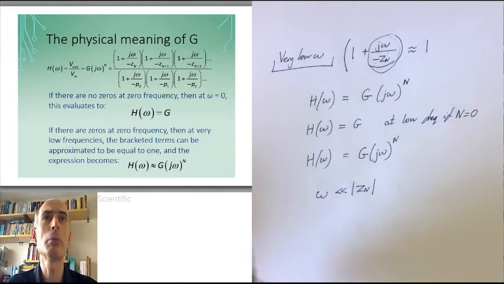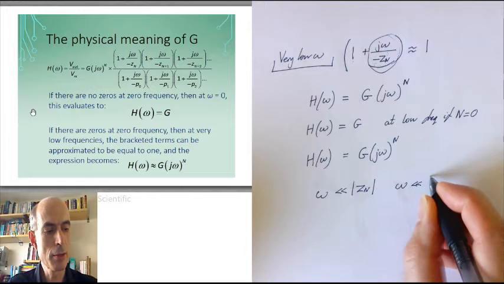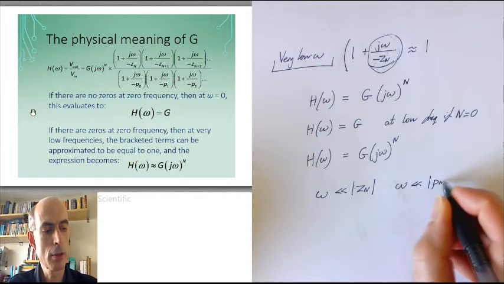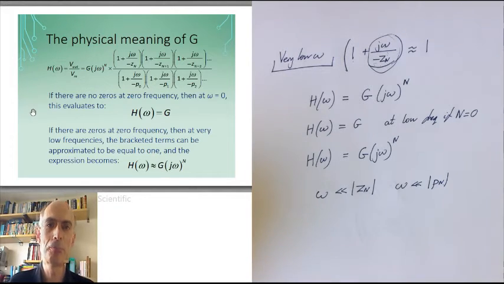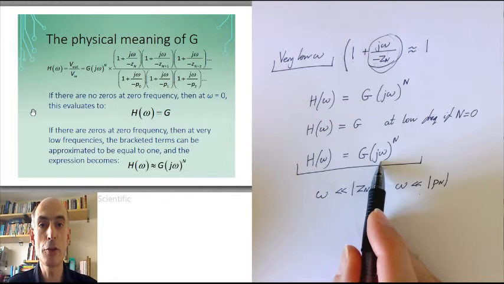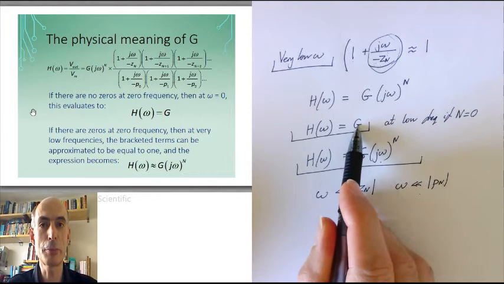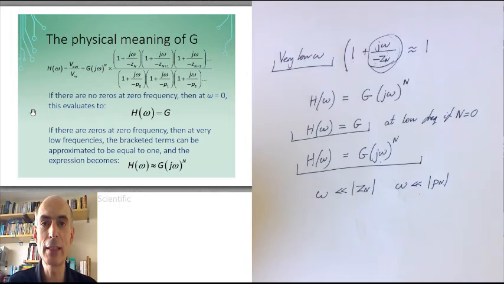If we're going to be able to neglect all of these terms in the denominator, then omega has also got to be much, much less than all of the pole frequencies too. But as long as that's true, then we can make that approximation. And if there are no zeros at 0, then we can identify the parameter g as just being the gain at dc.